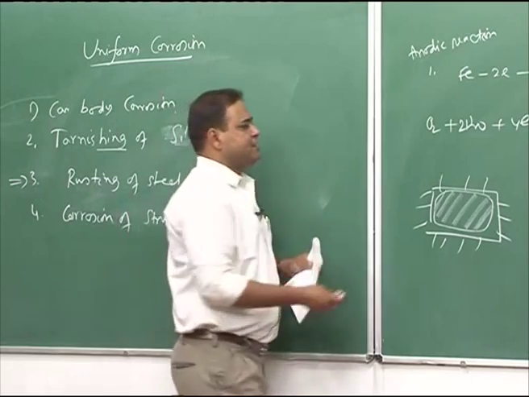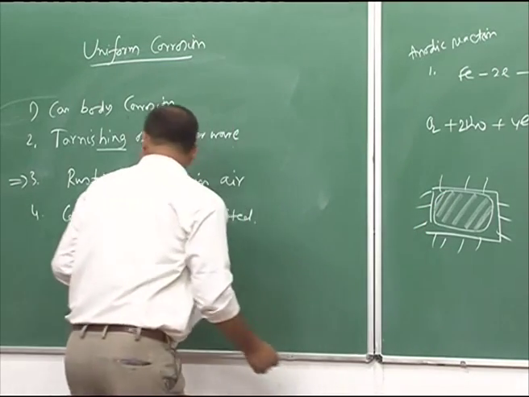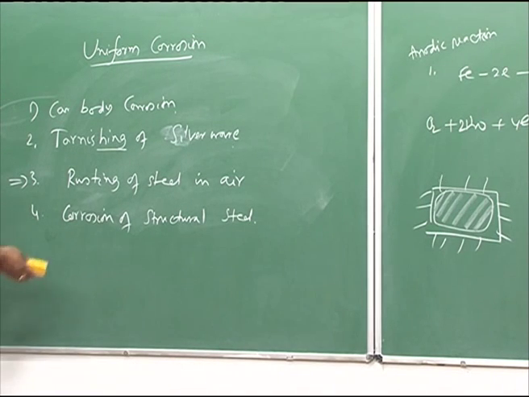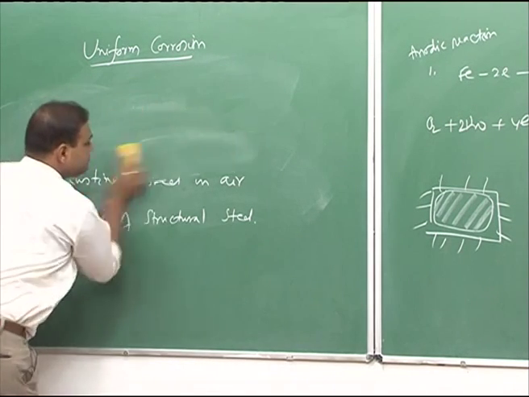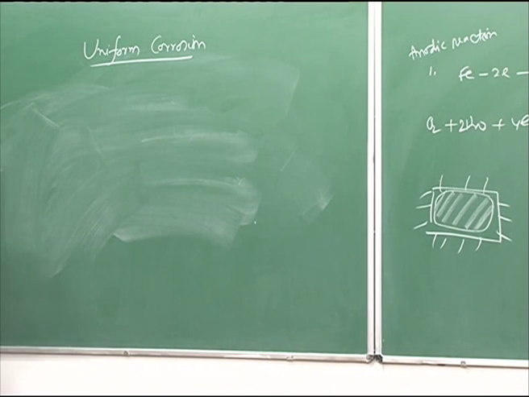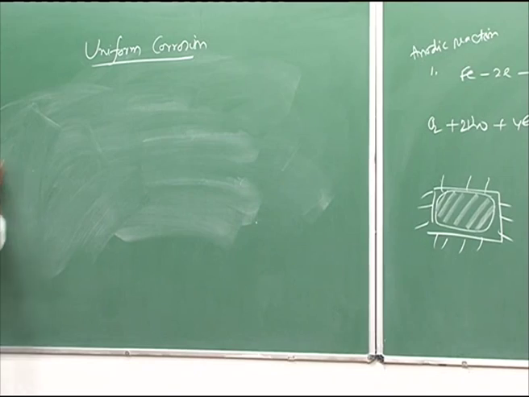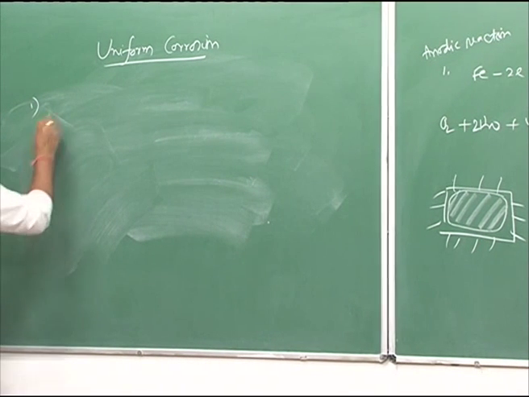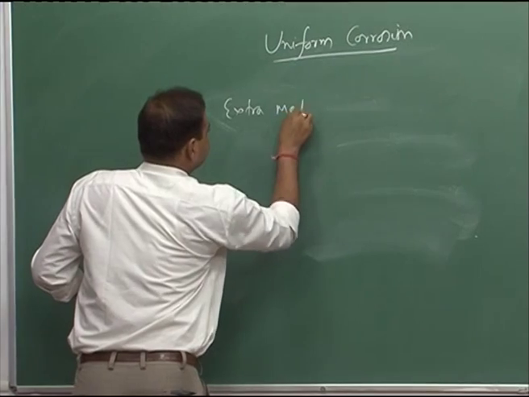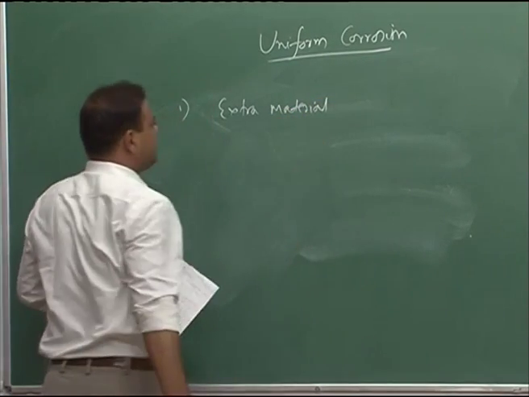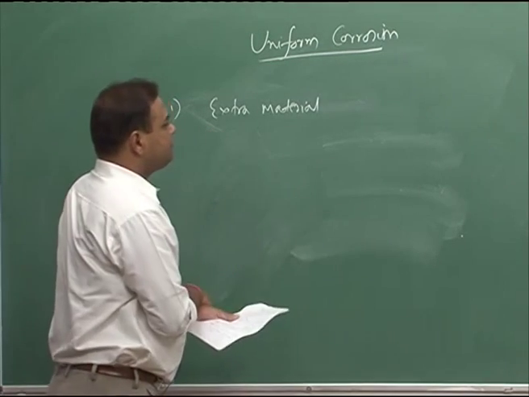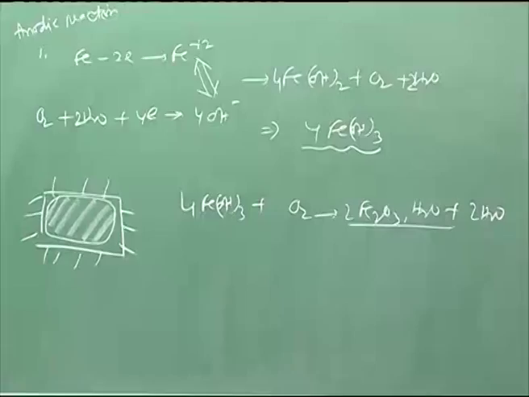Now, second thing is, we can go for cathodic protection. So, what are the protection mechanisms we can employ in case of uniform corrosion? Protections are, one is extra material; the dimension will be a little higher just to take care of this uniform corrosion.